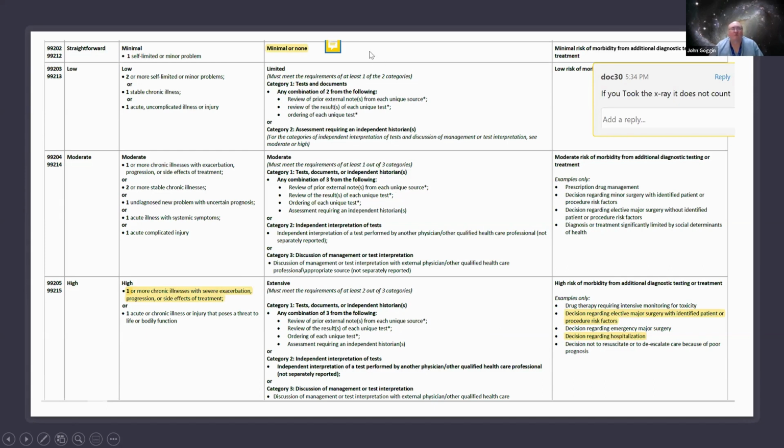So if you take an x-ray, or have an ultrasound in your office, you can't count those tests in the data. Those are separately billed, and they include the interpretation in the billing portion for the test. You're going to find debates on that, but it's been clarified by CMS that that doesn't count. So if you hear that it does, unfortunately that's bad advice.